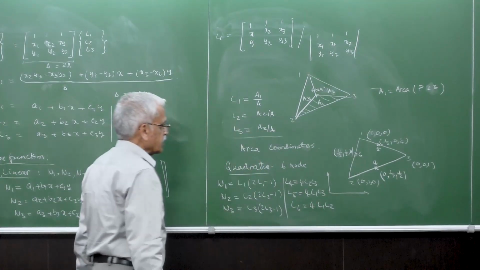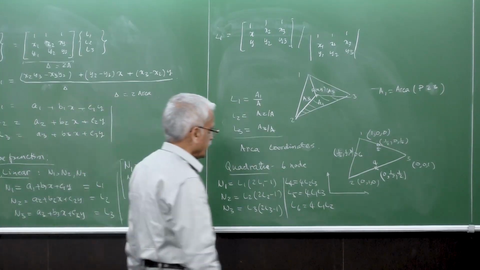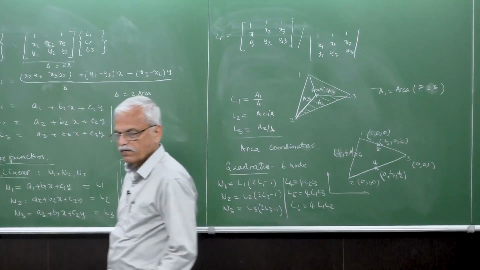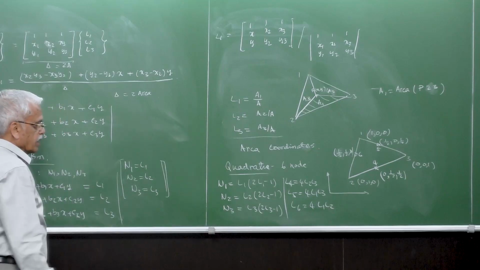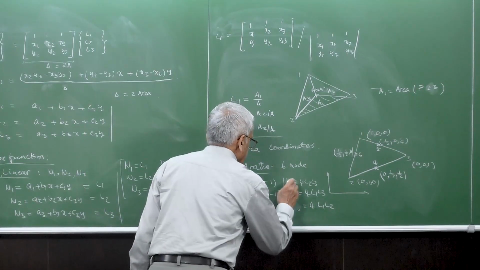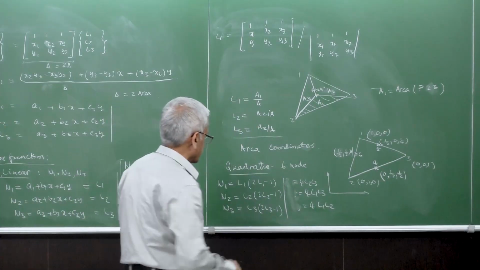Many times all these things can be constructed by just looking at the location as well as the property of the shape function. So these are N4, N5, N6, sorry.